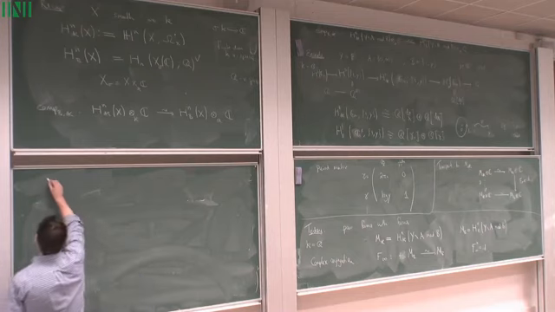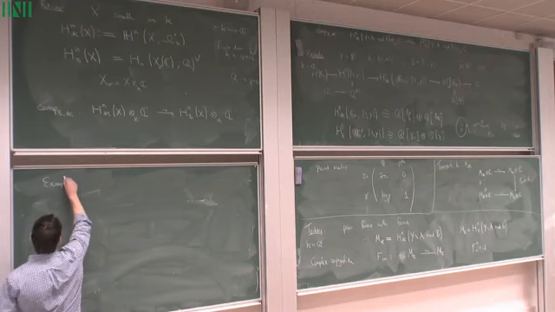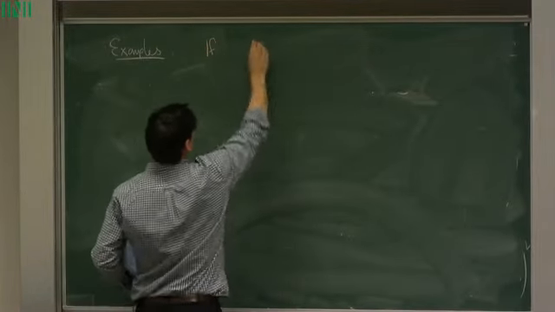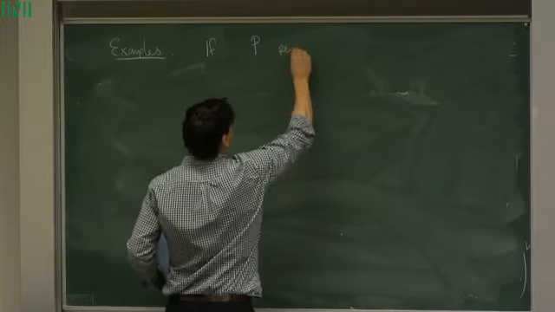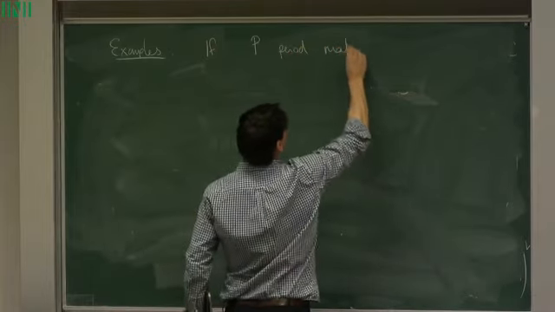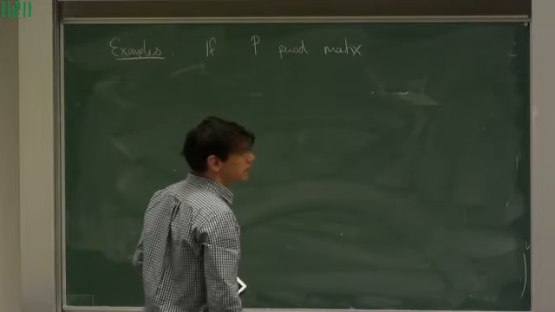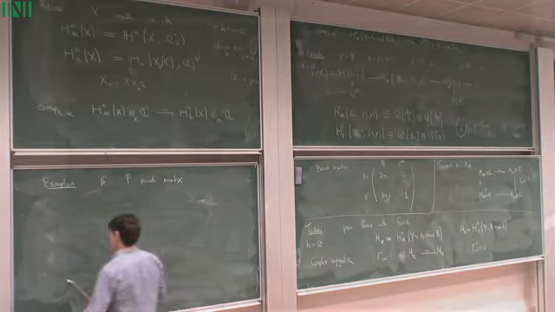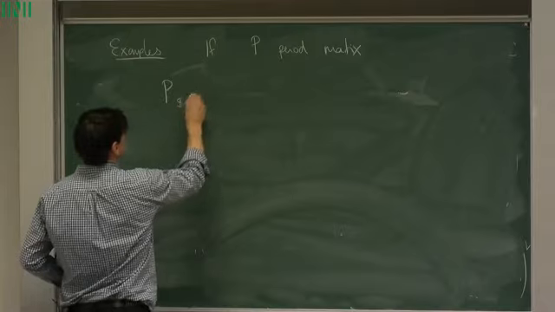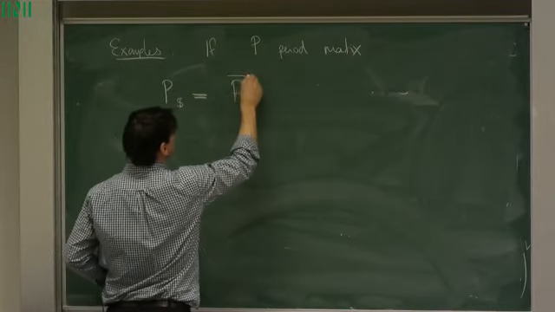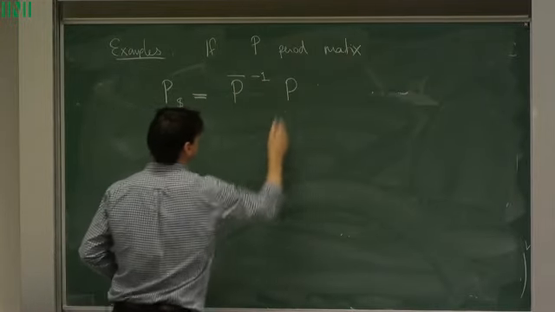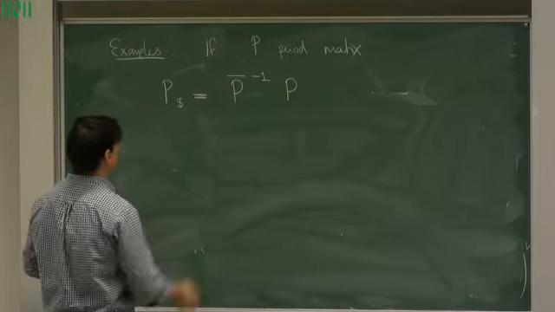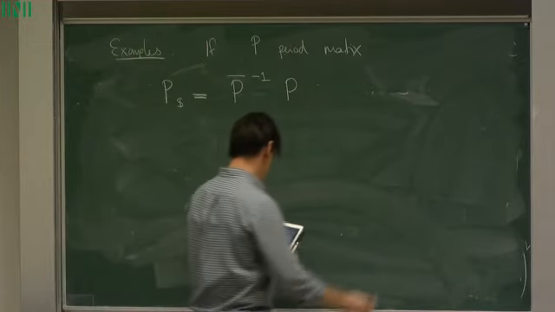So examples. So if P was the period matrix of the comparison isomorphism that we saw, for example, this period matrix here, P, then we can write P_S, I think, is P bar inverse P, which is, this kind of idea goes way back.